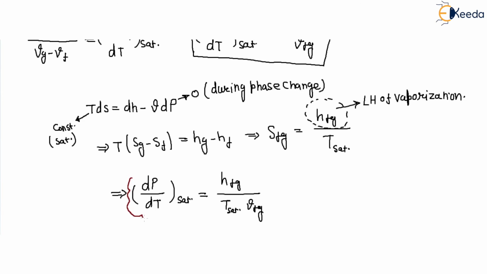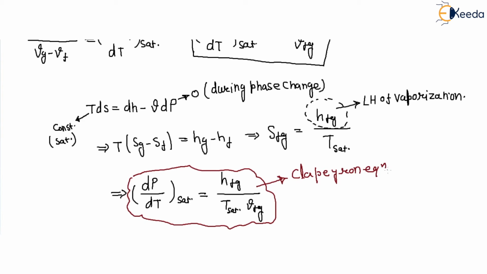We can write like that. So this is called, very important, the Clapeyron equation. This is an important thermodynamic relation used to determine the enthalpy of vaporization.